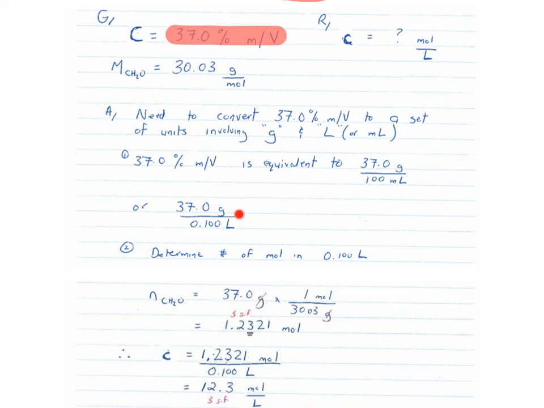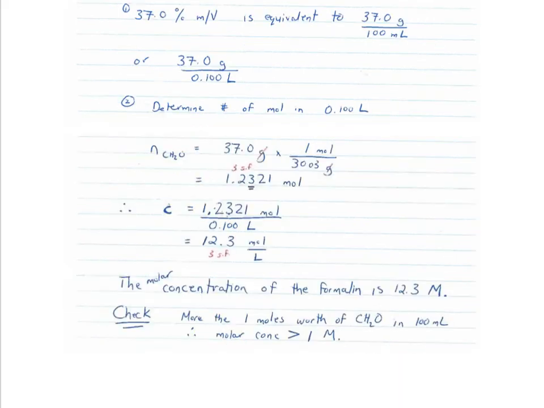So these two conversion factors are equivalent. I've just written grams per 0.1 liters instead of grams per 100 milliliters. So now if I figure out the number of moles that 37 grams is equivalent to, then I will have the number of moles in 0.1 liters, which will eventually allow me to calculate the moles per liter.